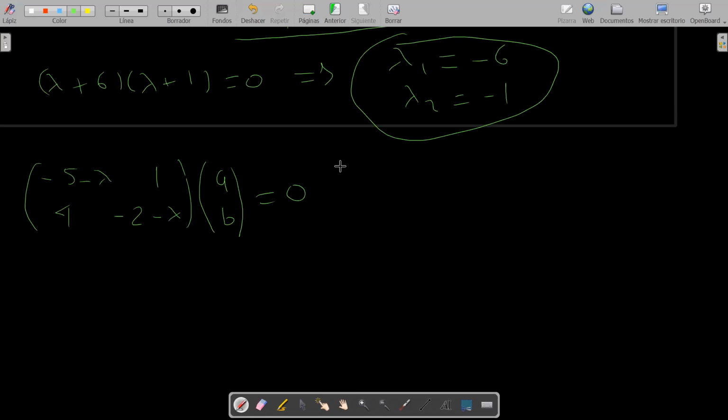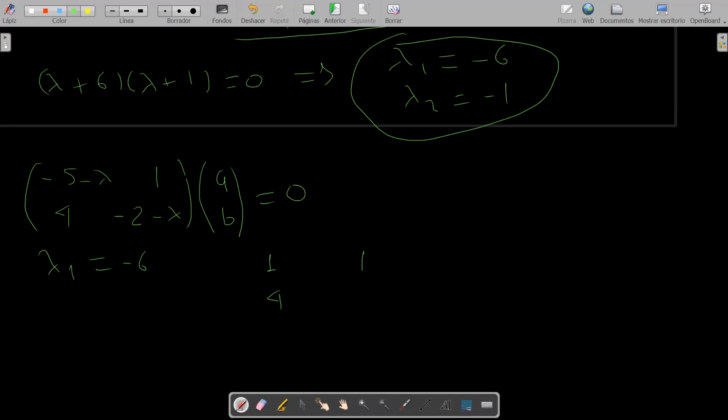So we replace our first eigenvalue, negative 6. So our equation will be negative 5 minus negative 6, which will be 6 minus 5 is 1.